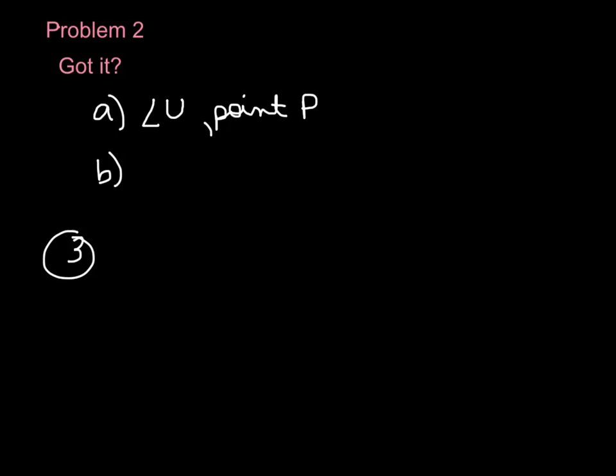So we just want to name any angle from the preimage and name its image. So we could, for example, say angle R is going to become angle R prime. We could also say angle T is going to become angle T prime.